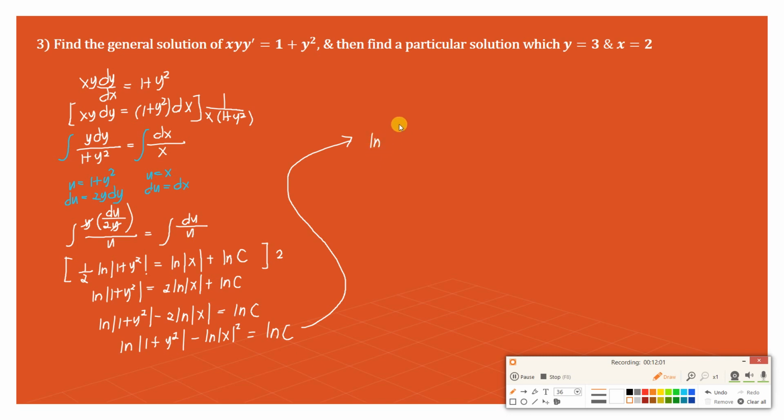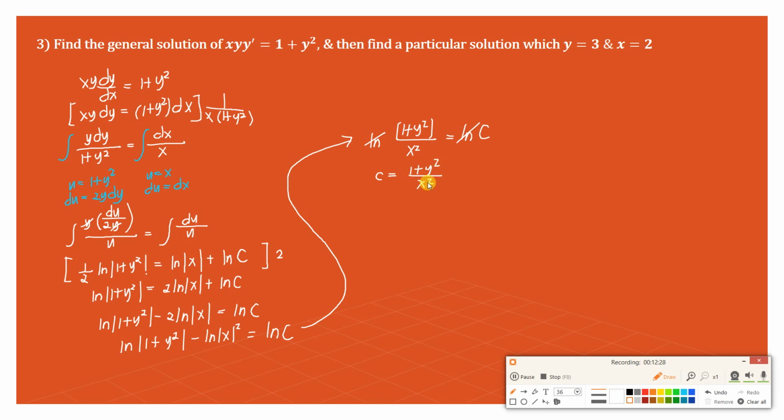So, we have ln of 1 plus y squared over x squared is equals to ln of c. So, both sides have an ln. Pag in-inverse natin yan, cancel yan. So, we have value of c equals to 1 plus y squared over x squared.